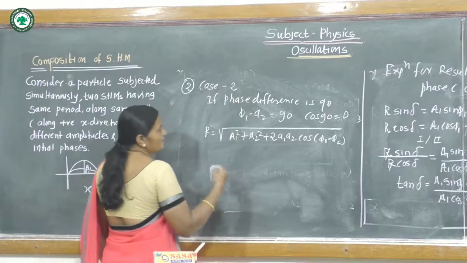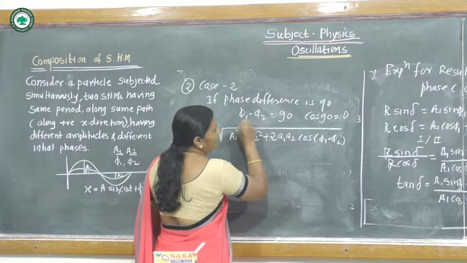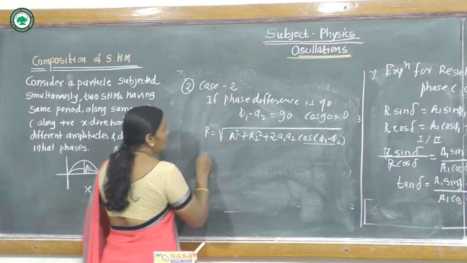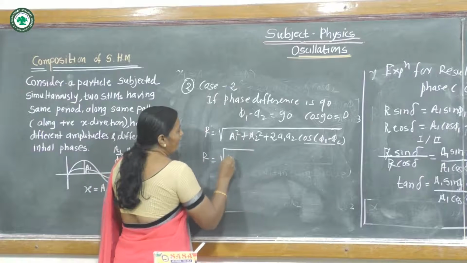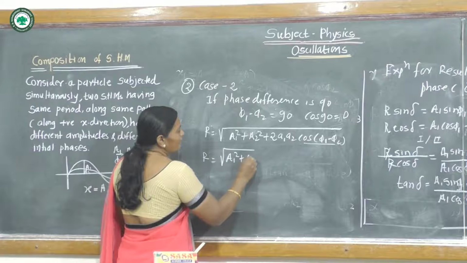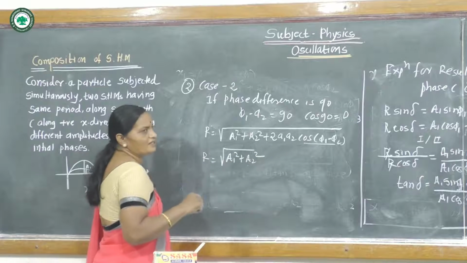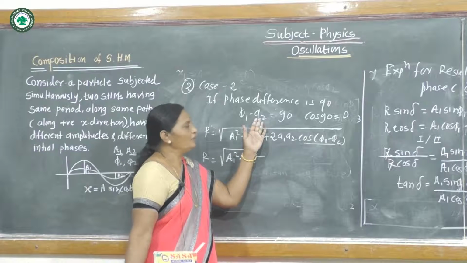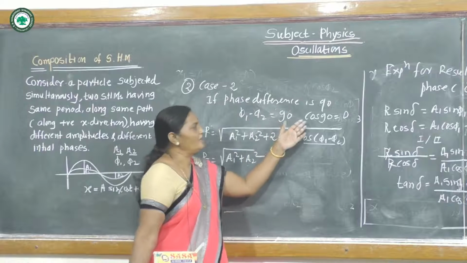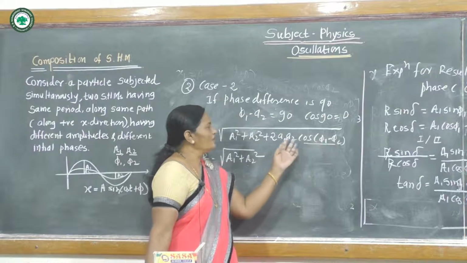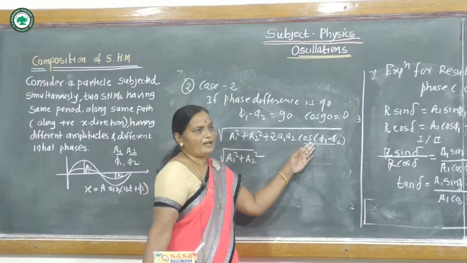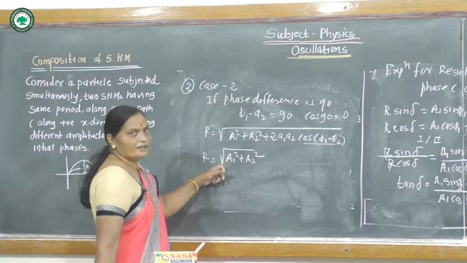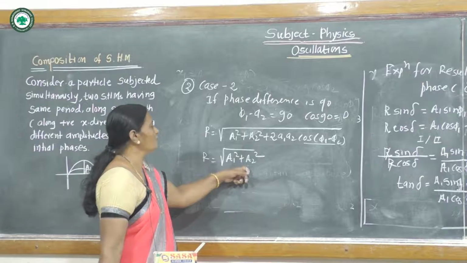Substituting cos 90 is 0, this term is 0, since 2A1 A2 multiplied by 0 is 0. We get R is equal to under root A1 square plus A2 square.